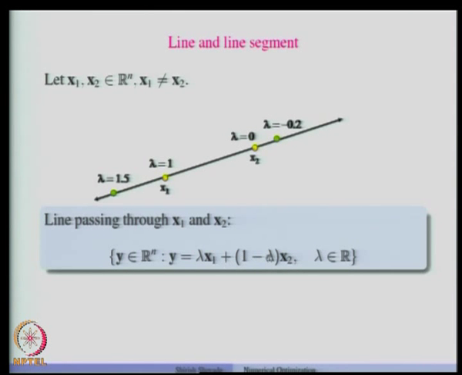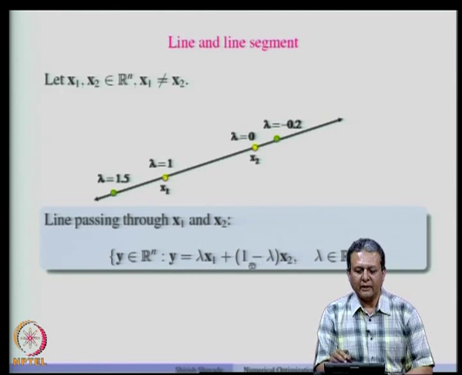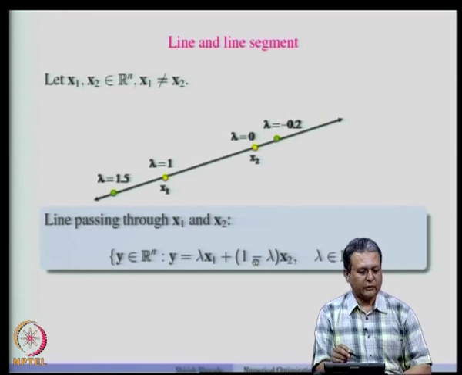If we plug in lambda equal to 0, the first quantity vanishes and we get y equal to x2. So, a line is parameterized by a real number lambda, and if we are given 2 points through which the line passes, one can appropriately set lambdas at those points and find the equation of the line which passes through these points.